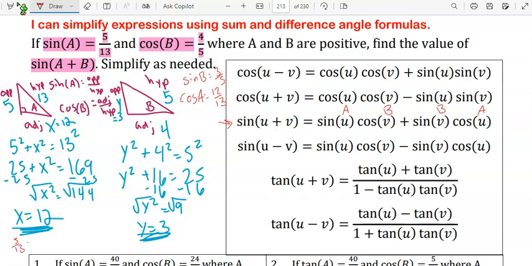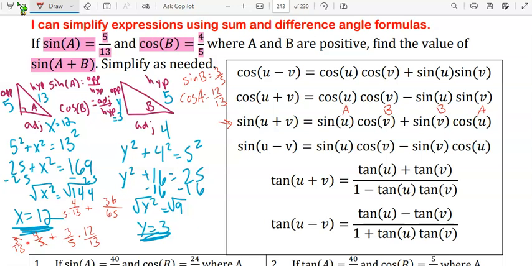5 over 13 times 4 over 5 plus 3 over 5 times 12 over 13. Multiply and then simplify. We have 4 over 13 plus 36 over 65.